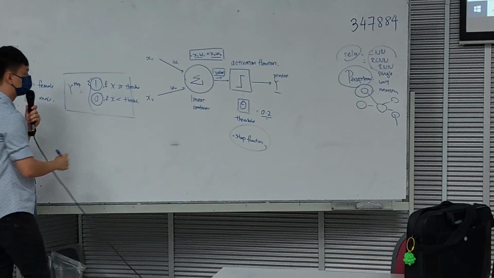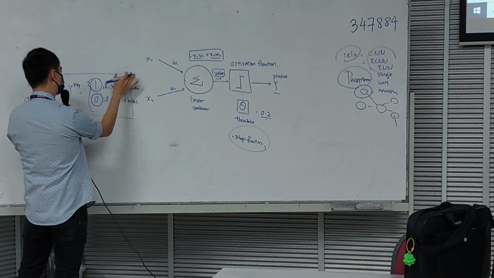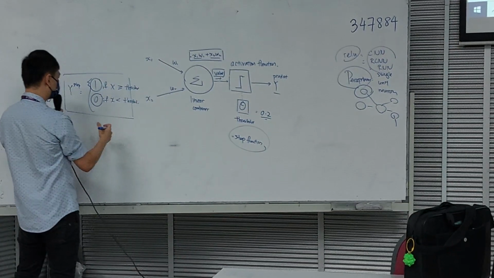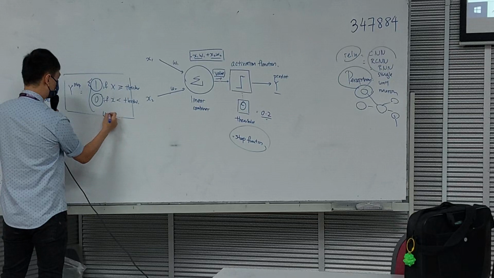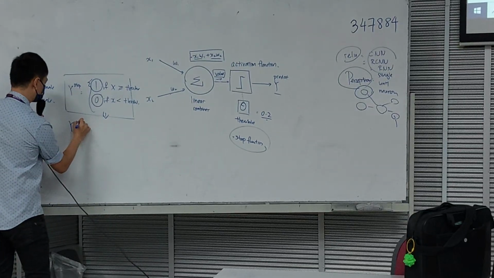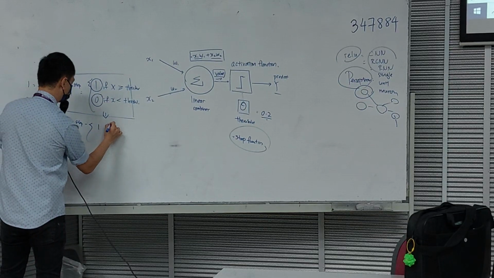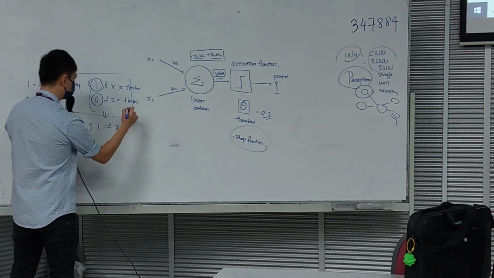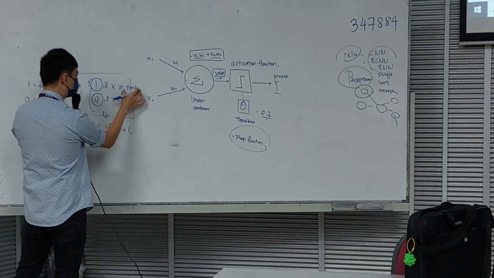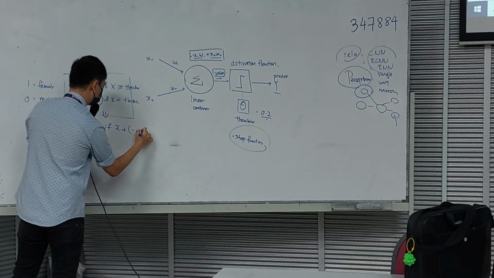We can bring this threshold to the left hand side so that we can understand it better and simplify our calculation later. If we move the threshold value to the left hand side, then you have x plus, if this value is positive, then minus the threshold value.